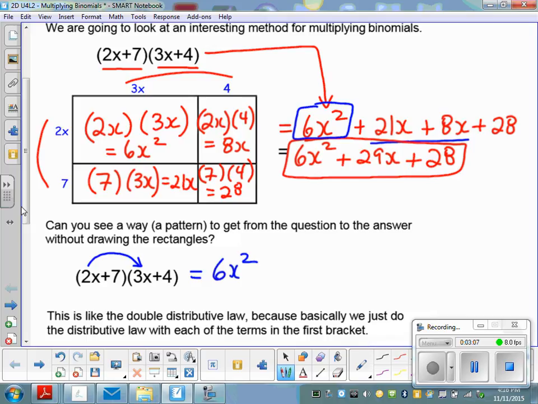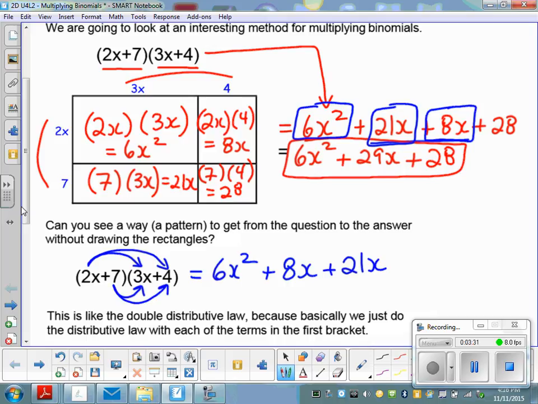And to get this term here, I did 2x times 4, and I got 8x. And to get this term, 21x, I did 7 times 3x, give me 21x. And then I did 7 times 4 and got 28.